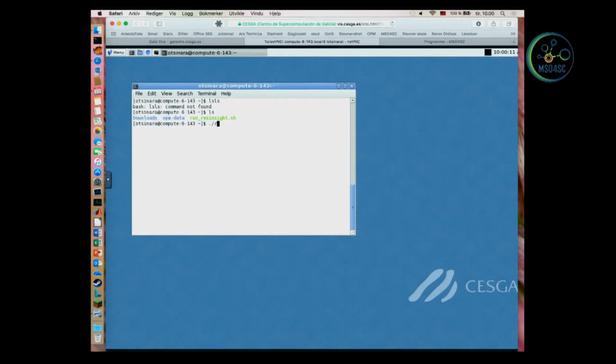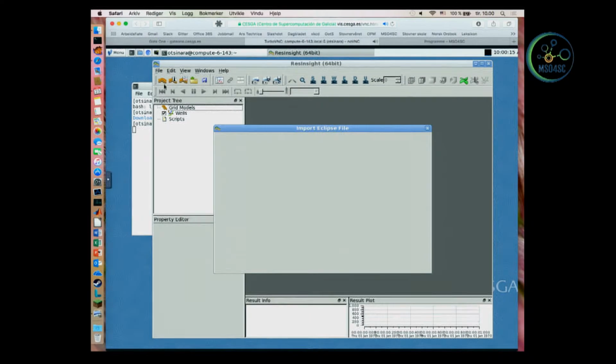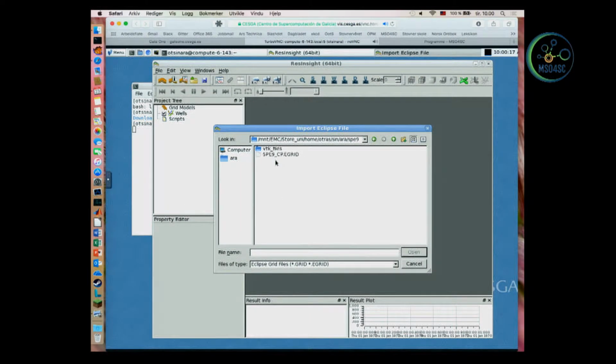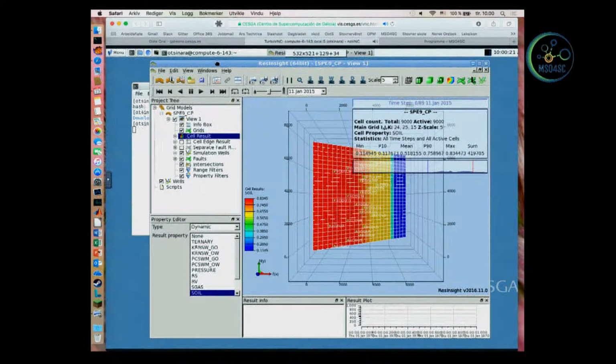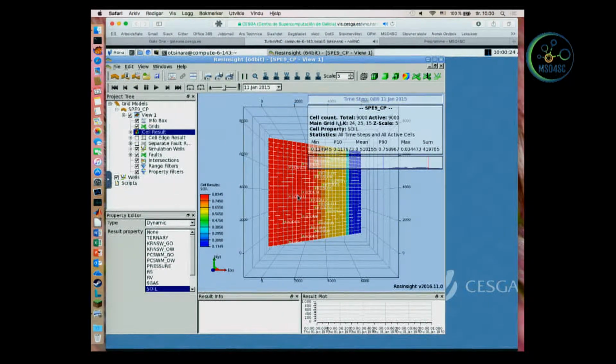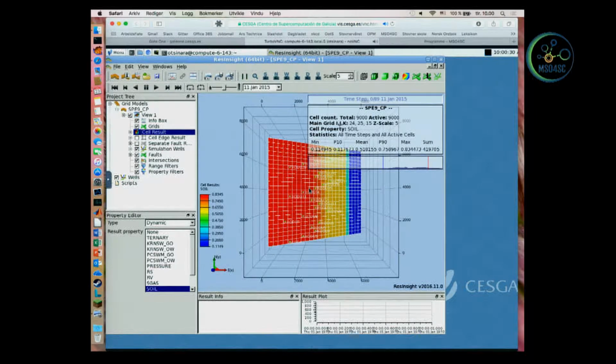Then I'll just show you the results of this run in the ResInsight software. This case is a very simple small case.